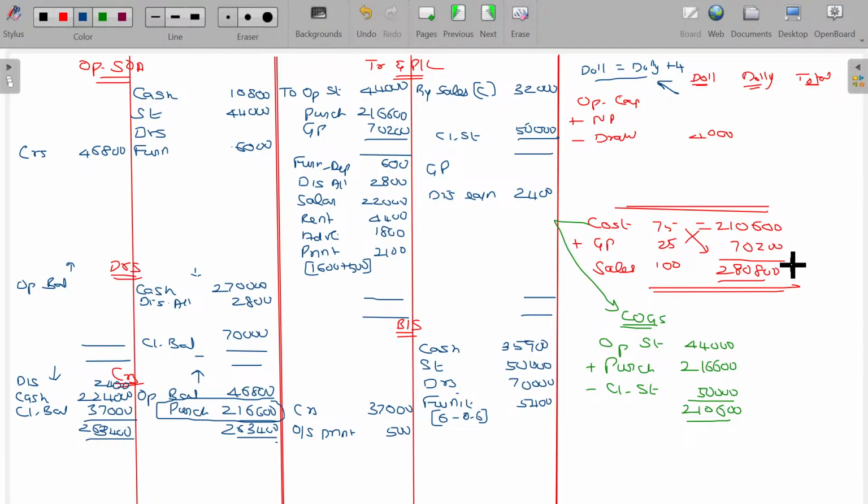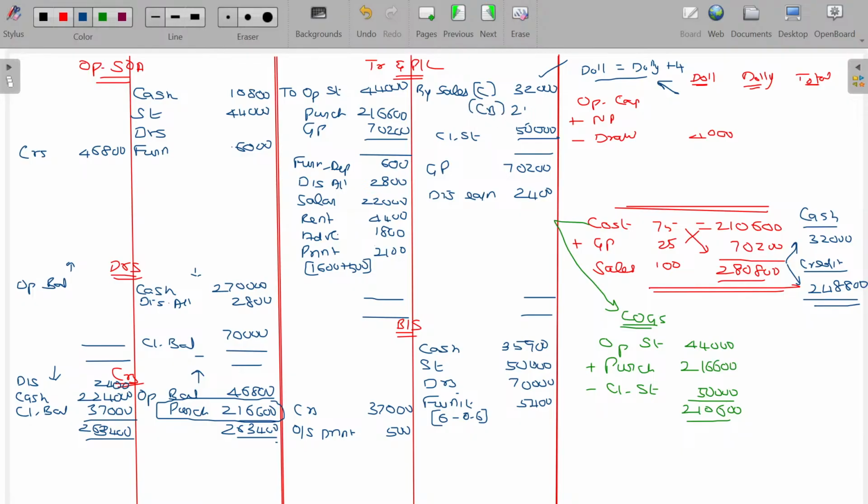In sales, we have been given the cash sales being 32,000. Here is cash sales, so the balance should be credit sales. What about the credit sales now? 2,48,800 being the credit sales. So credit sales should be posted twice.